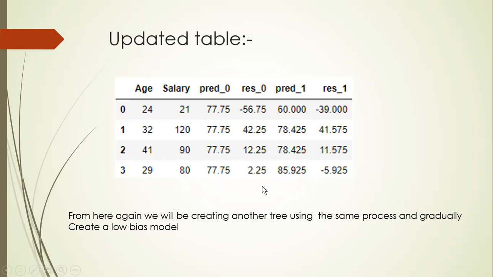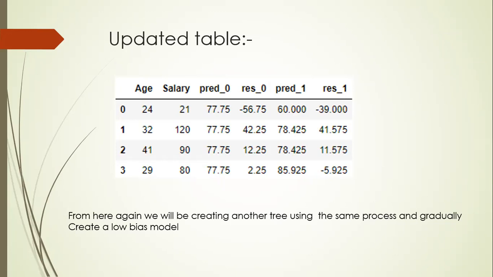So this is not the final process. This whole process will go on. Until here the work of the second weak learner is over. Then again this age column and this residual column will be given to the third weak learner, and the whole process will be done similarly, until we get a low bias model.